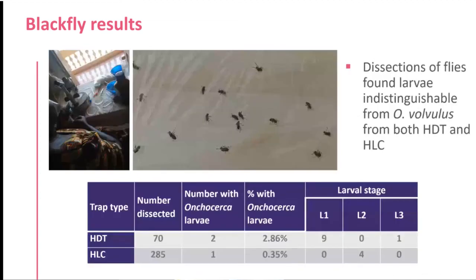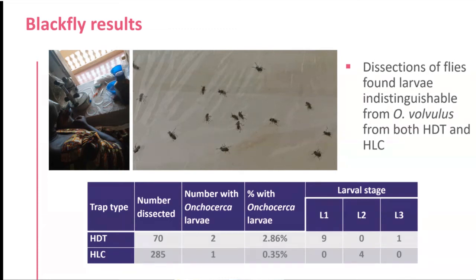And we dissected, I say we, the team in Cameroon very valiantly took these blackflies off the sticky traps and went through dissections with them. We couldn't get the reagents to the field to do anything other than dissections, but it was really valuable to know that as a fallback, we were able to do that with samples from the decoy trap.